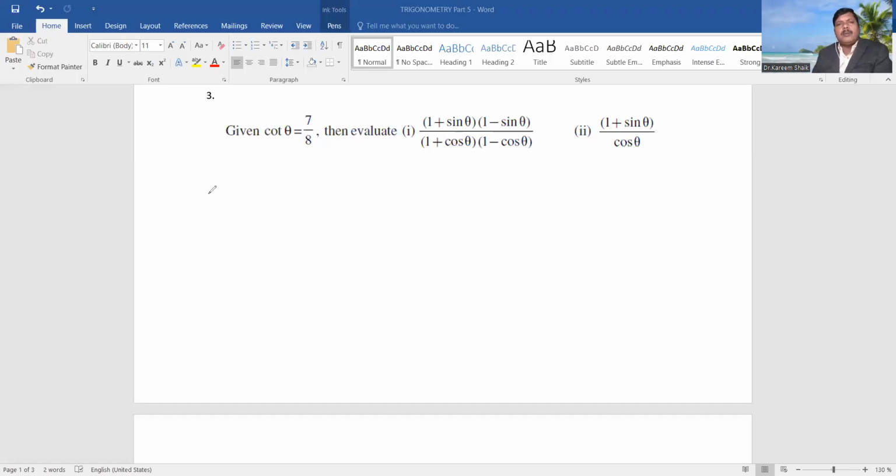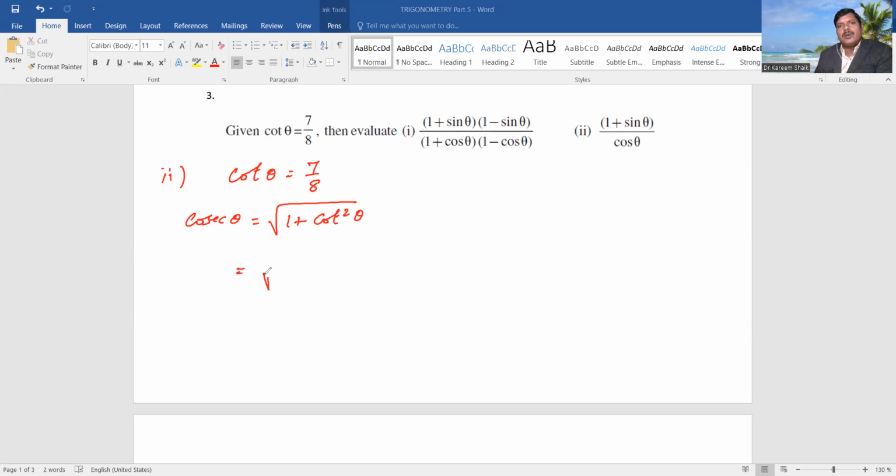Then what about problem number 2? Let's see the second problem. They gave (1 plus sin theta) upon cos theta. Here they gave cot theta equals 7 upon 8. We know that cosec theta equals square root of 1 plus cot square theta.